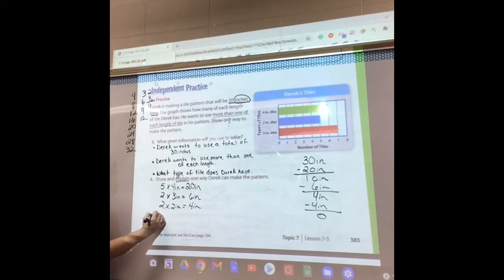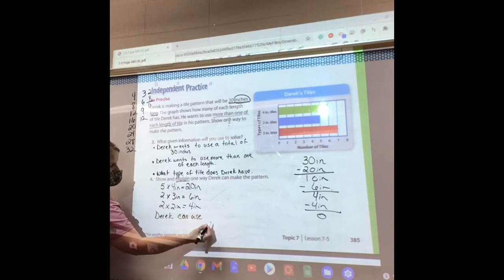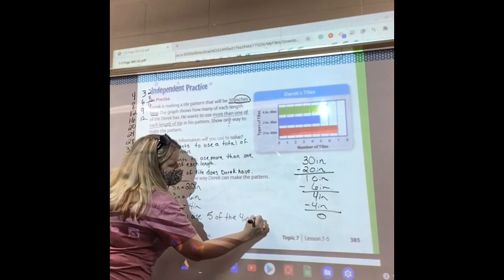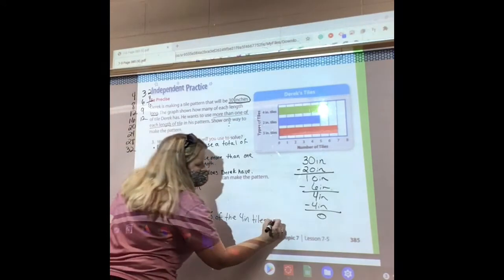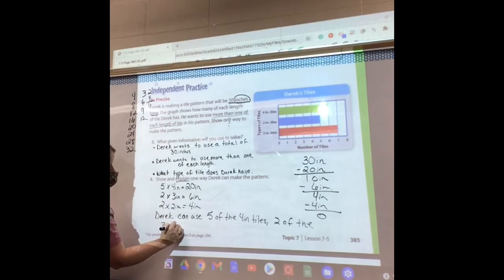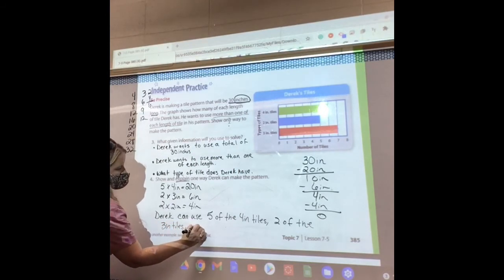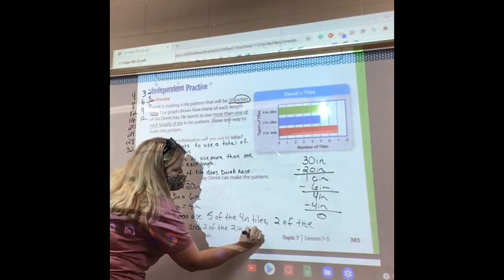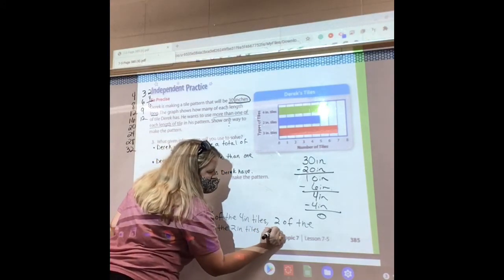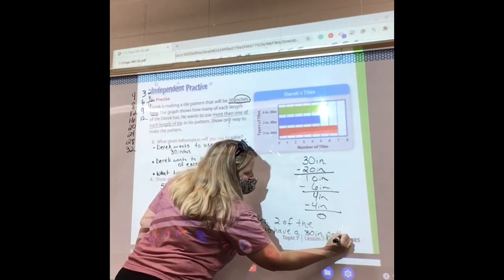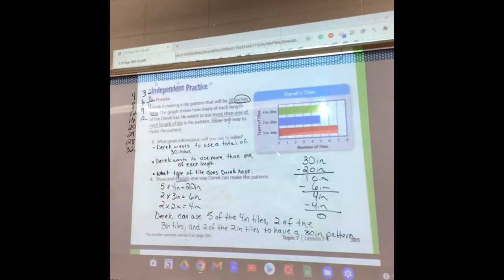You're going to say, Derek can use 5 of the 4-inch tiles, 2 of the 3-inch tiles, and 2 of the 2-inch tiles to have a 30-inch pattern. Okay? And so we've explained it.